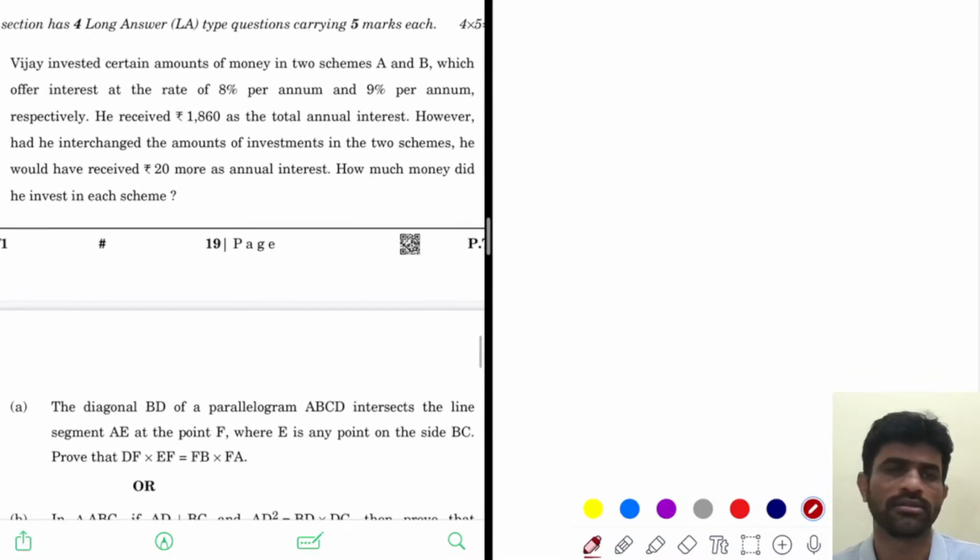So we will discuss section D and section E, 5 marks questions and case study questions.